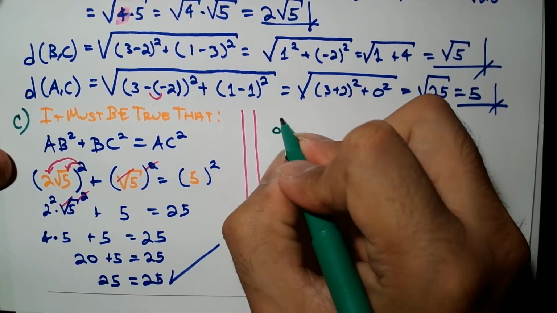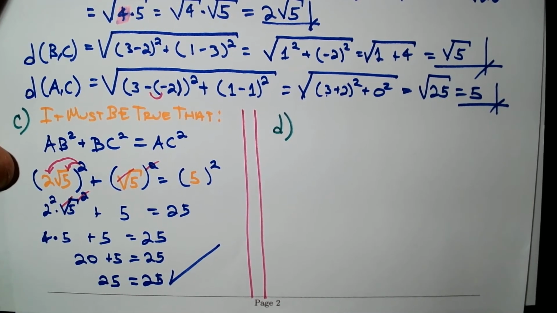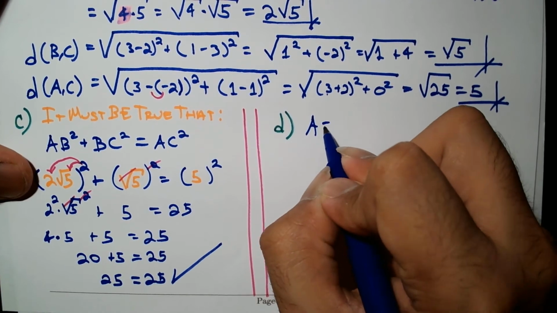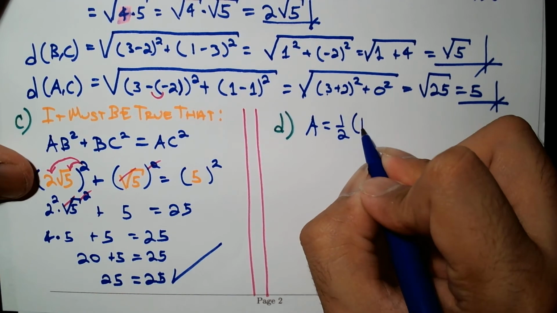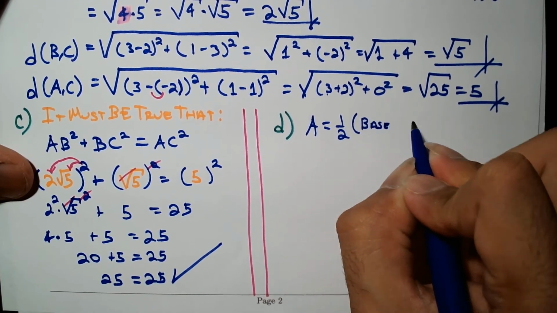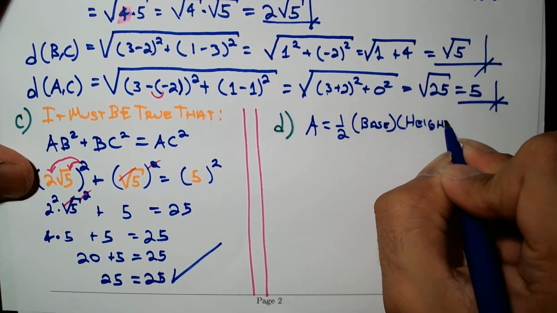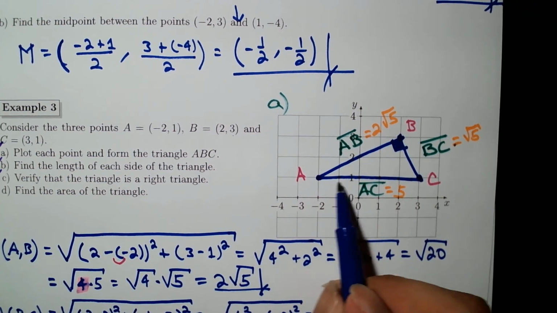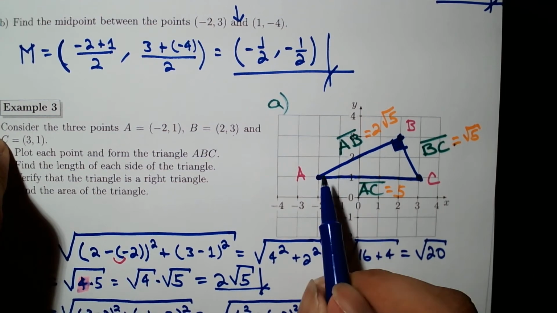Letter D. It is very important here to recall the formula to find the area of a right triangle, which in this case is area equals 1/2 the base times the height. Under this perspective, because it's a horizontal line, this looks like a base, all right? However, it is not the base.